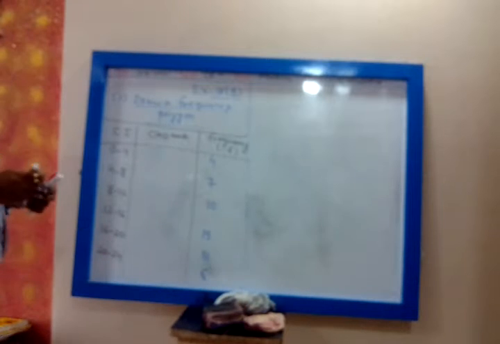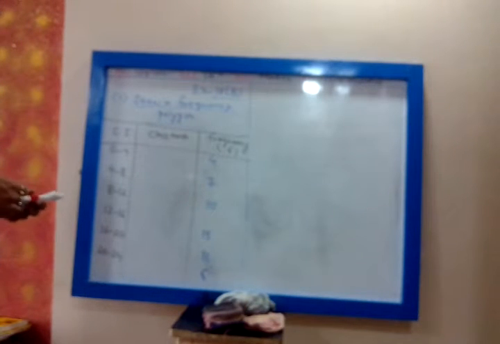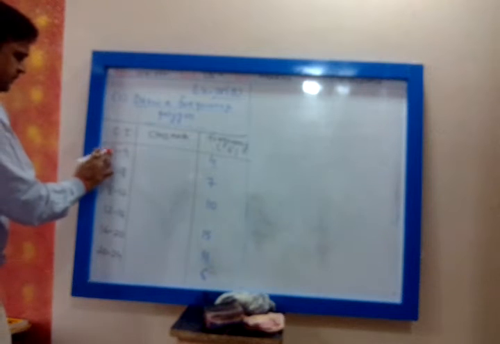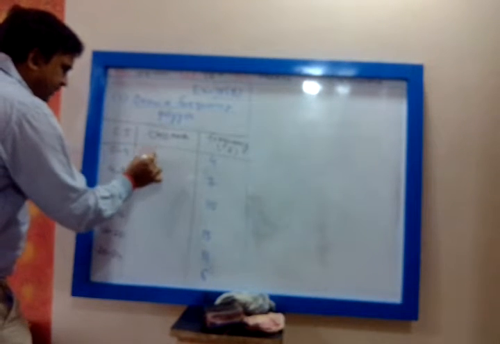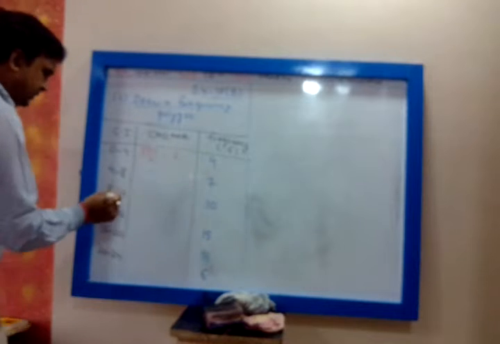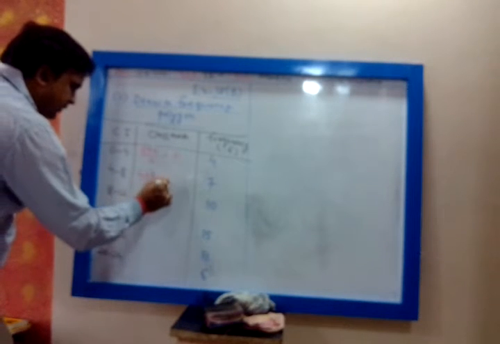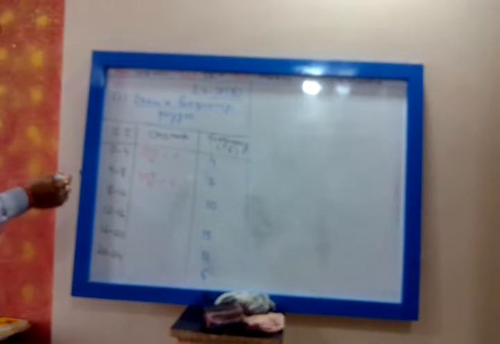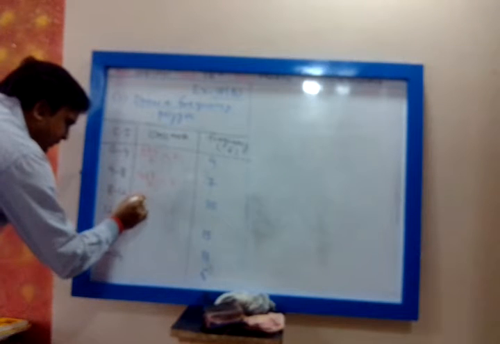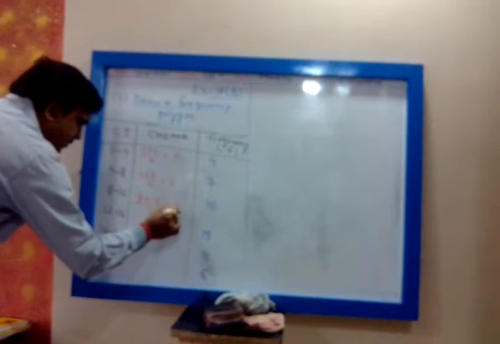Now we want to find the class mark. How do we find the class mark? Lower limit plus upper limit divided by 2: 0 plus 4 divided by 2 is 2. Then 4 plus 8 divided by 2, which is 6. Then 8 plus 12 divided by 2 is 10.